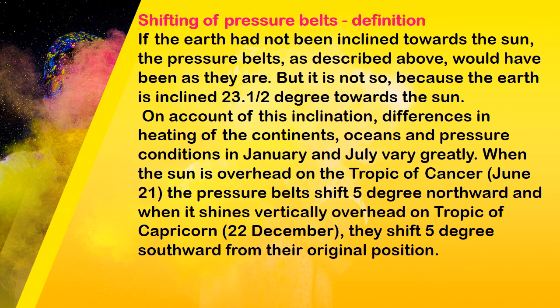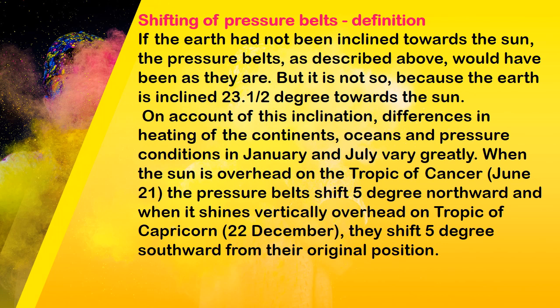But it is not so, because the earth is inclined 23.5 degree towards the sun. On account of this inclination, differences in heating of the continents, oceans and pressure conditions in January and July vary greatly.